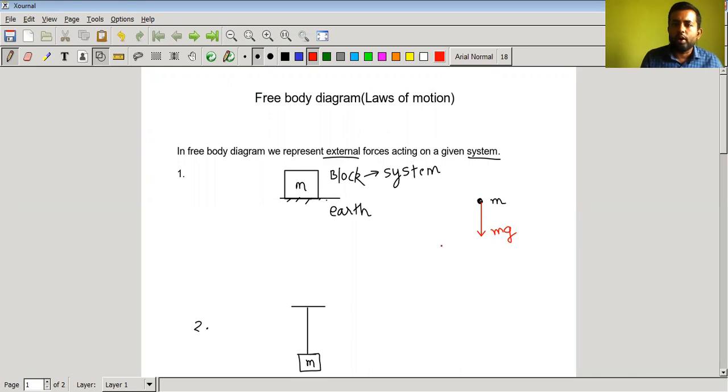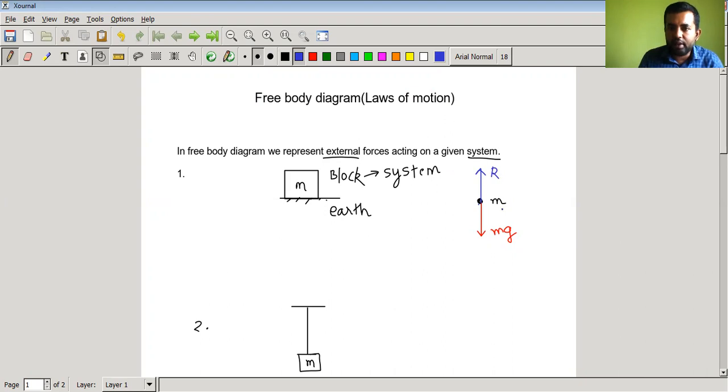Now what other forces are acting on the system, means block. So you know that block is stationary, so earth is pulling it down and the earth is pushing it up with a contact force or normal force, right? So the second force which is acting on the block is going to be, okay, now we are denoting it by r.